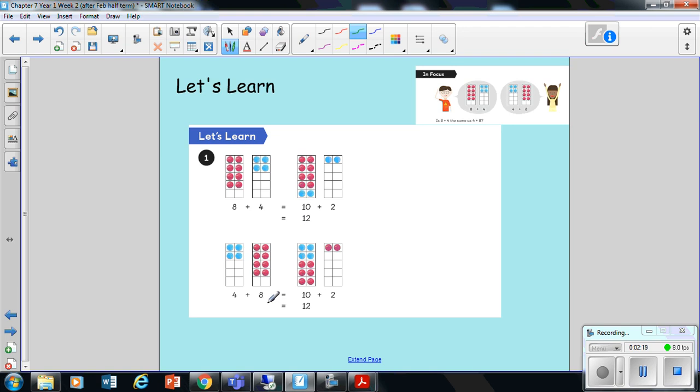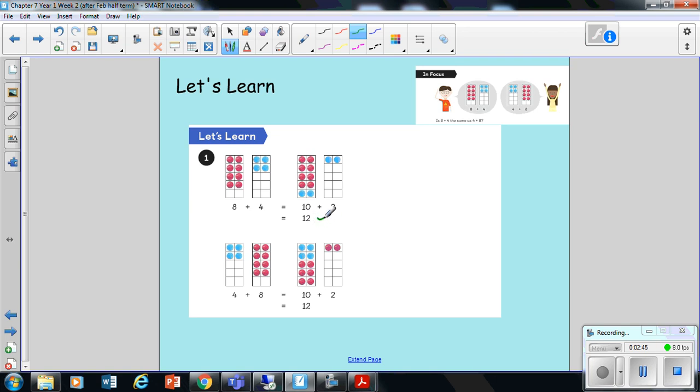Now what I'm going to do is to fill up my tens frame. So remember, we used our first strategy where we try and make 10 to get closer to our answer quicker. So I've made my 10, I've taken 2 out of my second tens frame and I've added it here. So I've made 10 and I've got 2 left over, and I've made 10 add 2, which is equal to 12.